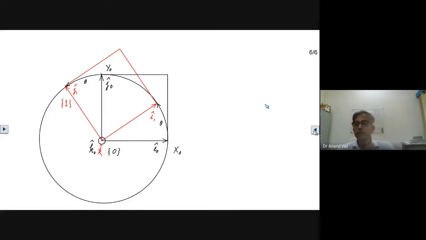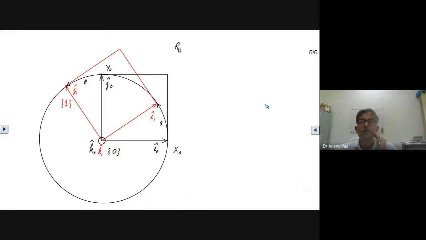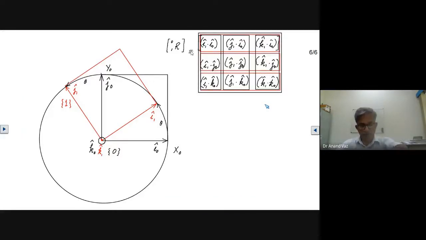So if we try to write the R matrix, R 1 0, what will this look like? We can take the components from our earlier slides and write them down.